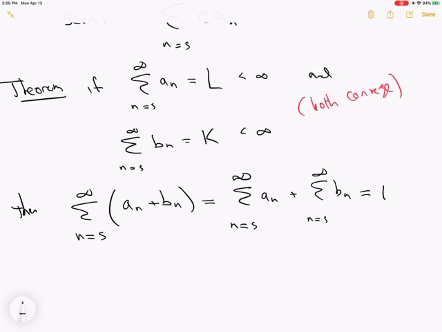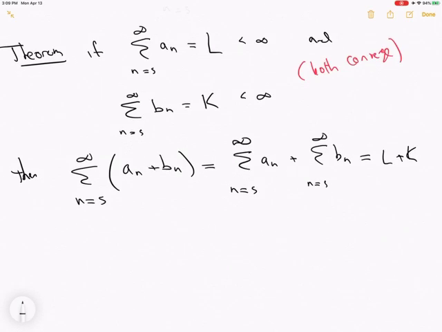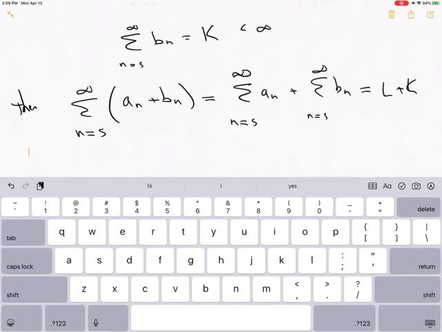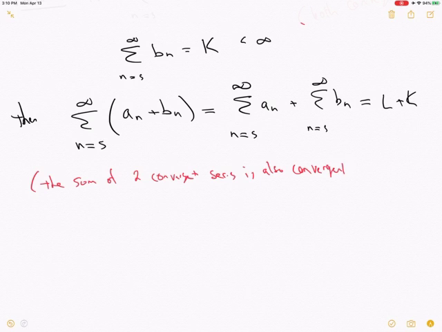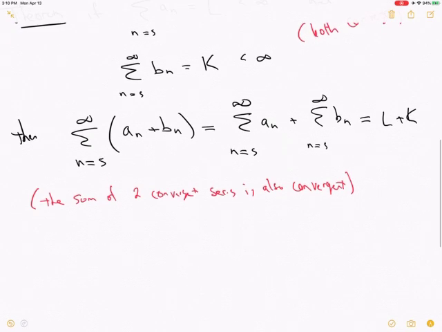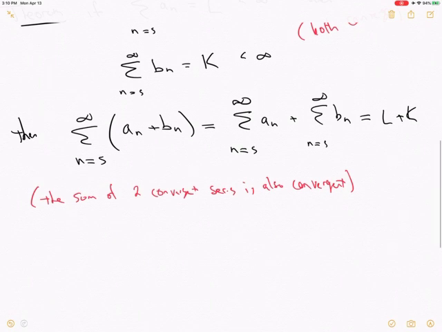And so this is equal to L plus K. So this series, obtained by adding them, is also convergent. So the sum of two convergent series is also convergent. That's the statement, but more specifically, it converges to the sum of the two sums.